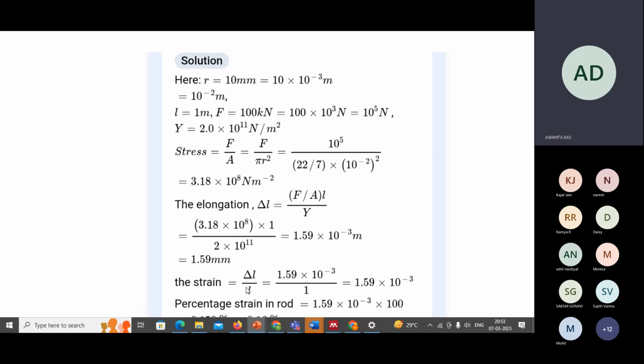The strain is del L by L, which is 1.59 into 10 to the power minus 3, and the percentage of strain in the rod is 1.59 into 10 to the power minus 3 into 100, that is 0.159, or approximately 0.16%.